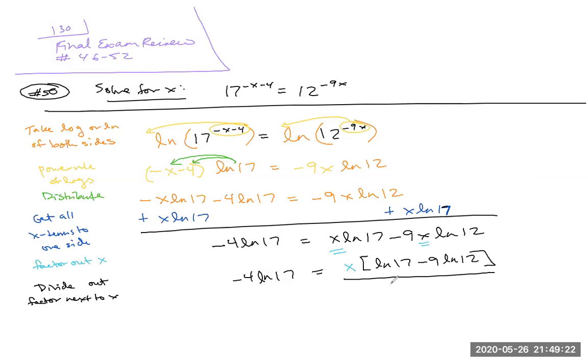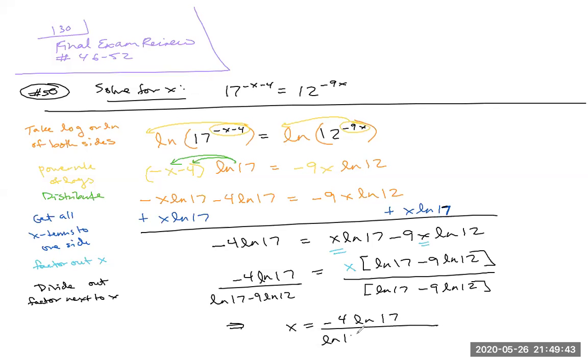So divide both sides by the entire factor. Okay, so what do we find? We find x is equal to negative 4 ln 17 divided by ln 17 minus 9 ln 12.